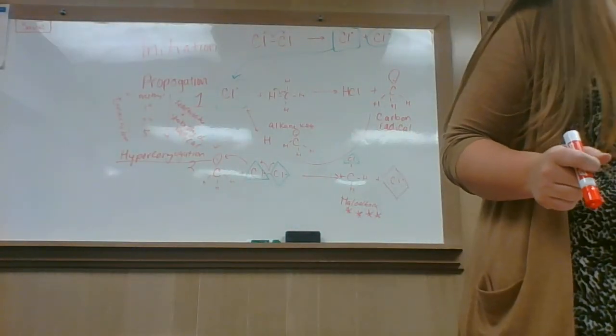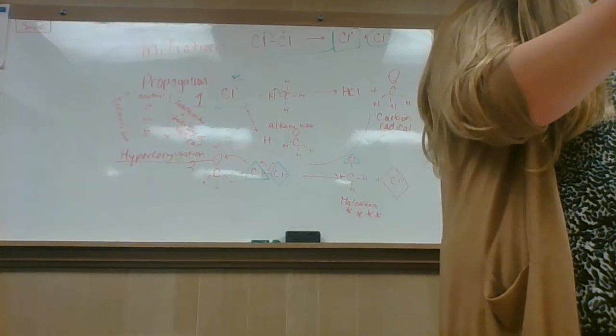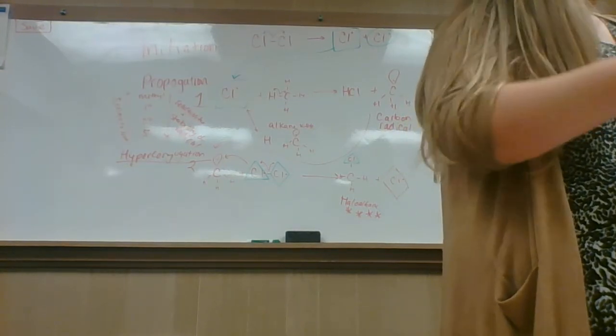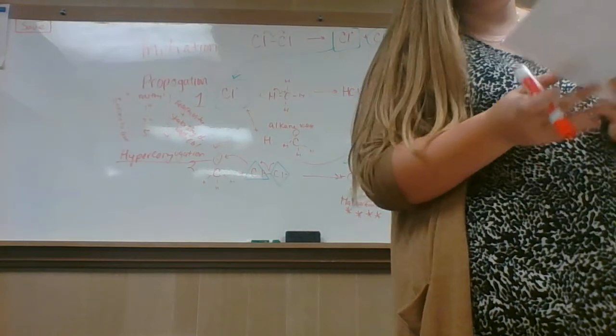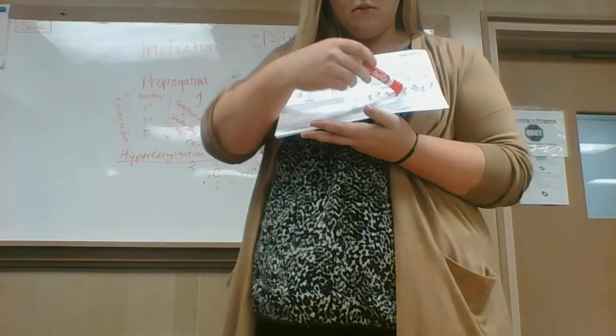If you reference, what chapter are we even in? Chapter 3. Page 2, when it's talking about the radical chain reaction, there's a really nice diagram which shows the different types of radicals: methyl, primary, secondary, and tertiary.